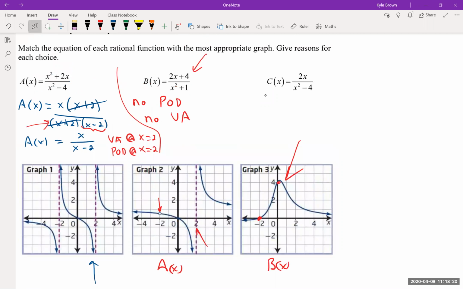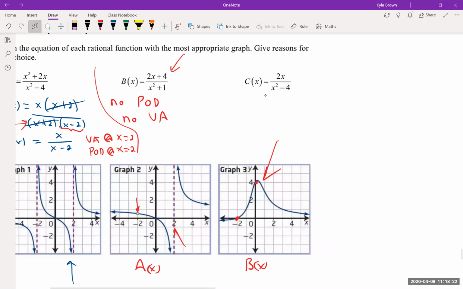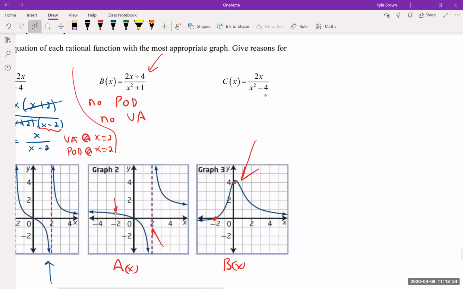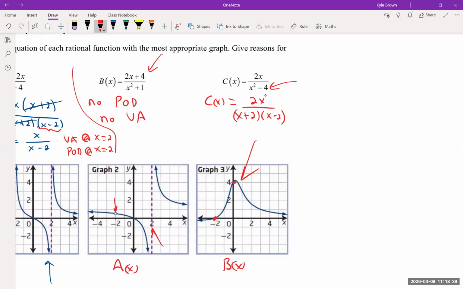Okay, so let's just double check to make sure the next one makes sense, okay? So looking at the last one, let's factor this. So we've got C of x is equal to 2x over, and then we have a difference of squares. So we've got x plus 2, and we've got x minus 2. Okay, nothing cancels again, right? So these are just areas where I need to figure out my vertical asymptotes.